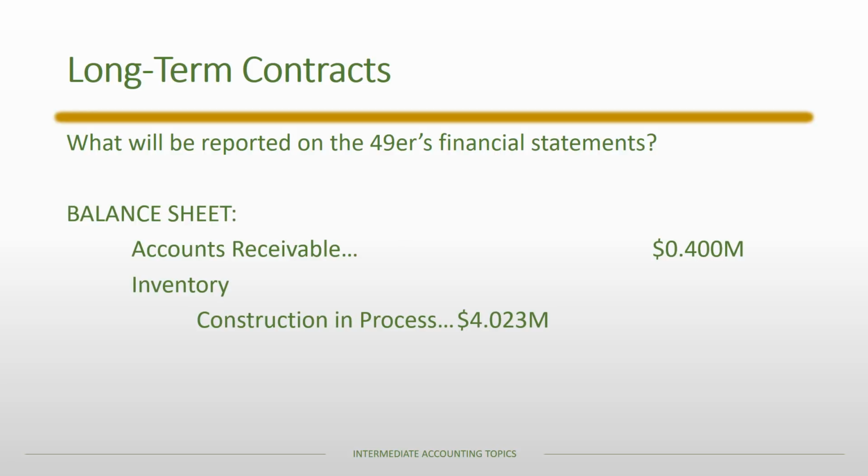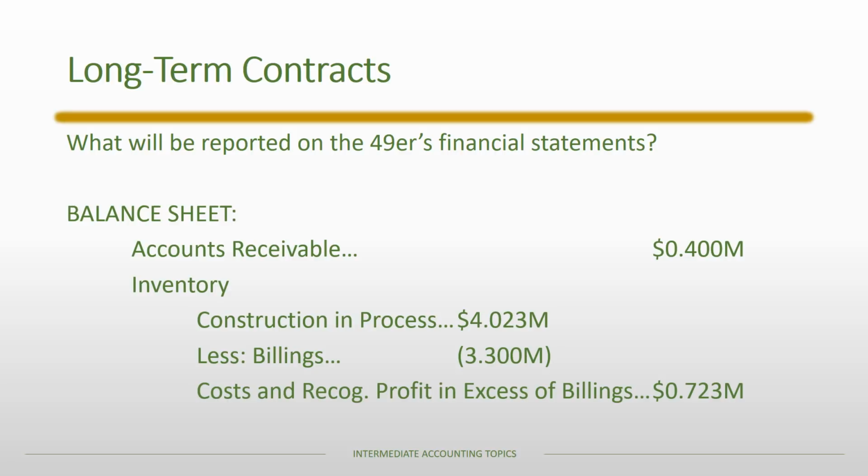So it's the $3.5 million in costs that we had recorded throughout the year, plus the amount from the adjusting entry. And then we'd subtract the billings that we've already recorded, and we can see then we have costs and recognized profit in excess of billings for a net amount of $0.723 million.